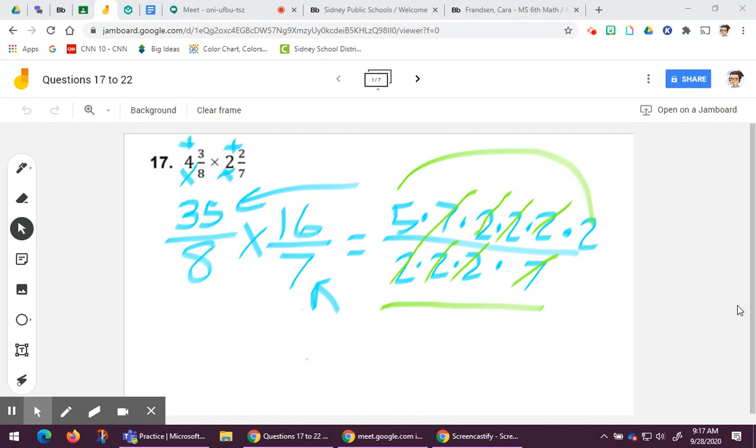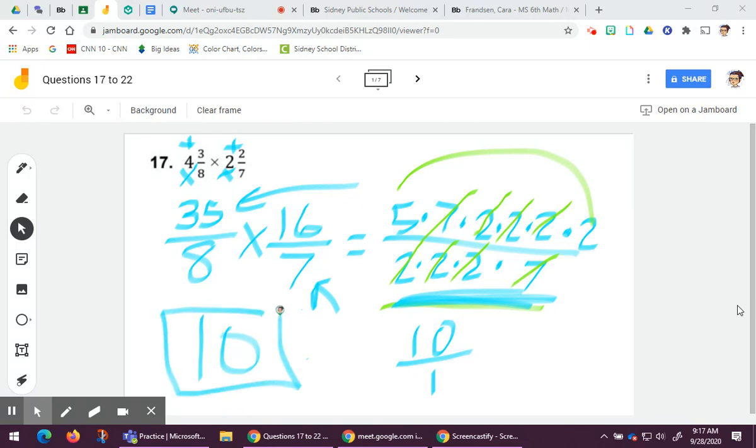So our answer would be whatever 5 times 2 is. That is 10 over 1 because there's nothing left on the bottom. So is 10 over 1 the same as 10 wholes? Yes. So our answer can just be the number 10. Okay, so that is your answer for number 17.